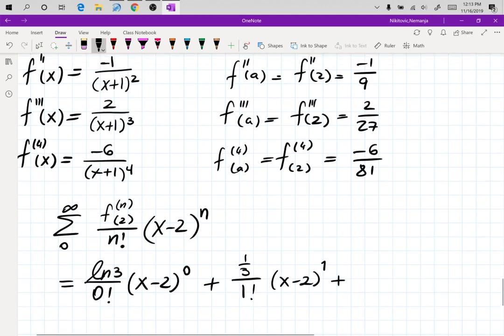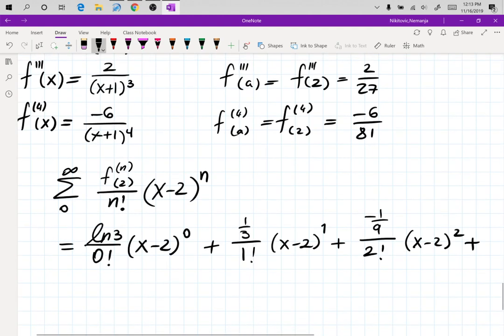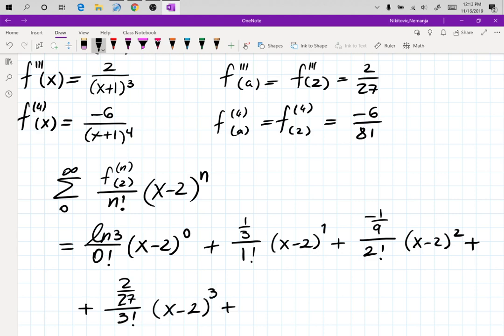Plus the second derivative is negative 1 over 9 divided by 2 factorial times x minus 2 squared, plus 2 over 27 over 3 factorial times x minus 2 cubed, and finally plus negative 6 over 81 over 4 factorial times x minus 2 to the 4th, plus dot dot dot.